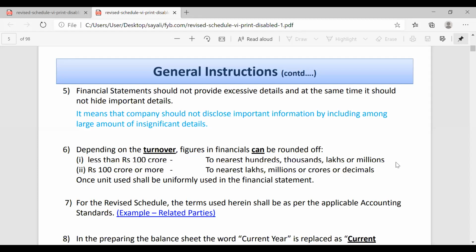If any figures are less than rupees 100 crore, they should be converted to the nearest 100,000 lakhs or millions, or 100 crore or more to the nearest lakhs, millions or crore or the decimal. Once a unit is used, it shall be uniformly used. Means whatever amounts or values are used in the recording of transactions should be recorded at the end of the financial statement.